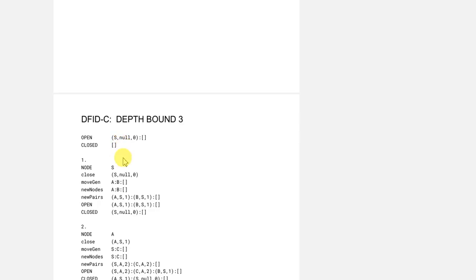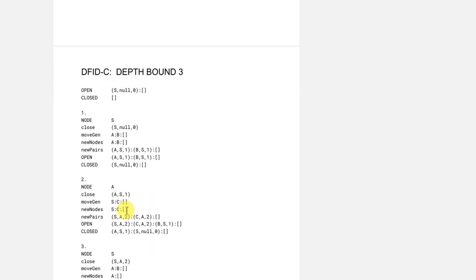So there is no closed list because the parent of S is null. Then in the open list we will get one pair, which is A and B, and two pairs according to the graph, AS and BS, in level 1. S is the parent of A and S is the parent of B.